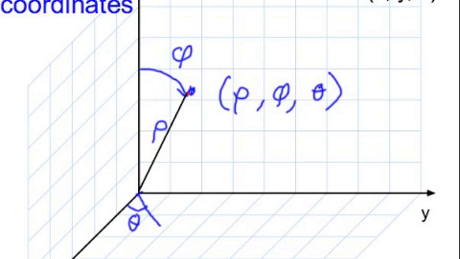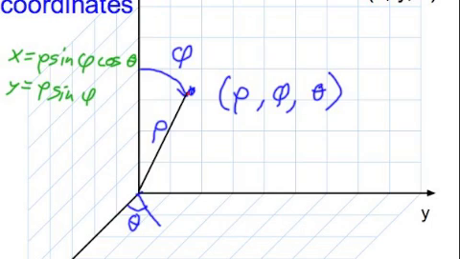And the conversions then, I don't want to go too detailed on here, but let me just jot down what they would be. The x-coordinate is rho sine phi cosine theta, and y is rho sine phi sine theta, and then the z value is rho cosine phi.